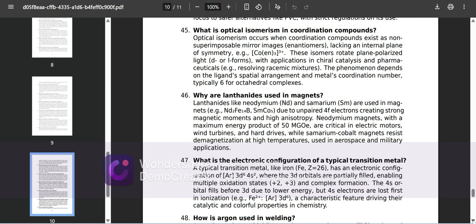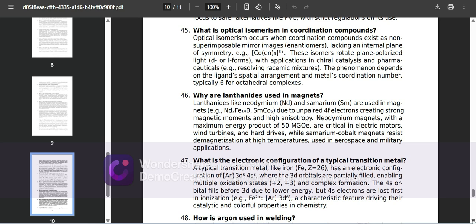What is optical isomerism? In coordination compounds, optical isomerism occurs when a coordination compound exists as non-superimposable mirror images, lacking an internal plane of symmetry.